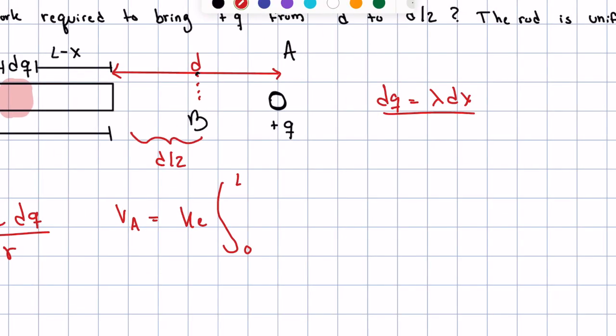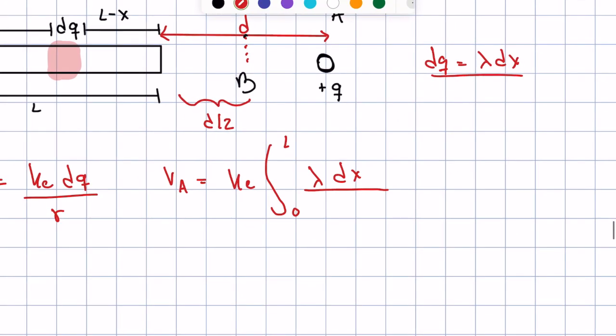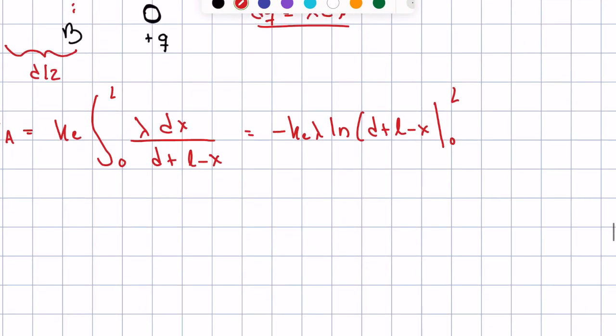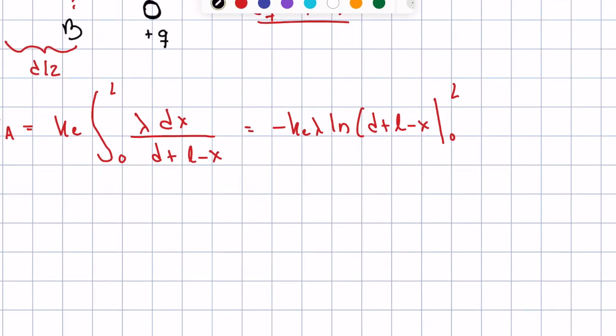So we're going to have lambda dx divided by r, where r is just the distance, and it's going to be d plus L minus x. Solve that integral, and we get negative Ke lambda ln of d plus L minus x, where x goes from 0 to L. Let's put in these bounds.